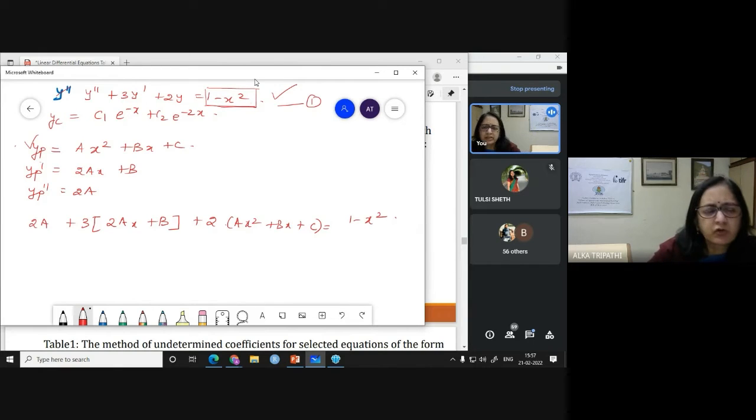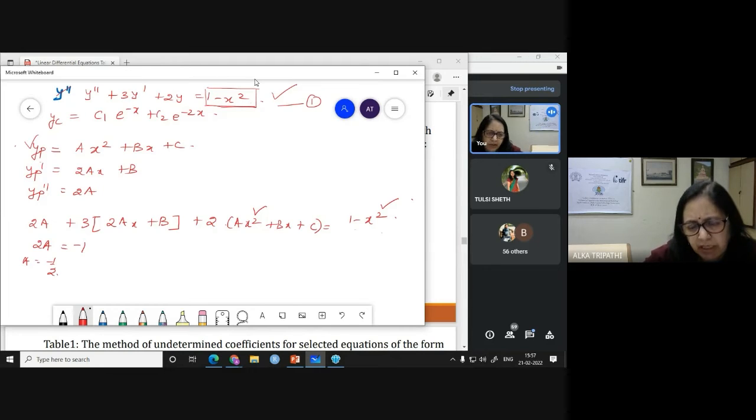Now comparing the powers of x. If I'm comparing x square from both sides, I'm getting 2a equal to minus 1, which gives me a equal to minus 1 by 2.